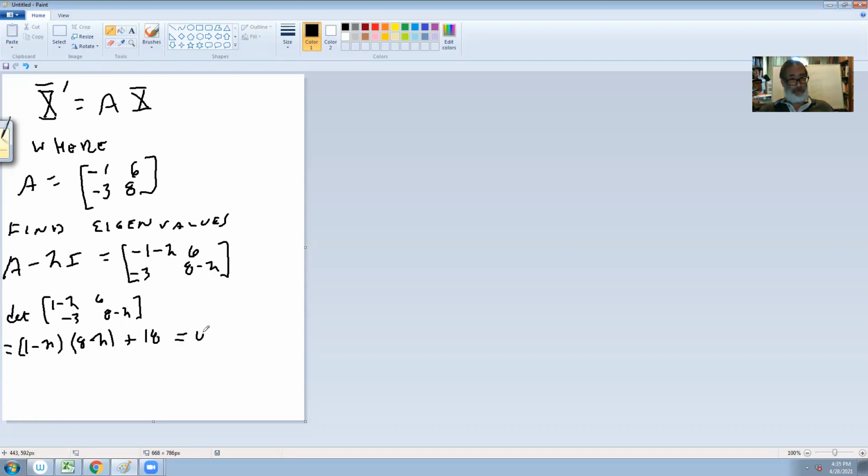You set this equal to 0 to find the eigenvalues. If you do this carefully, you get lambda squared minus 8 lambda plus lambda, so it's -7 lambda, plus 8.